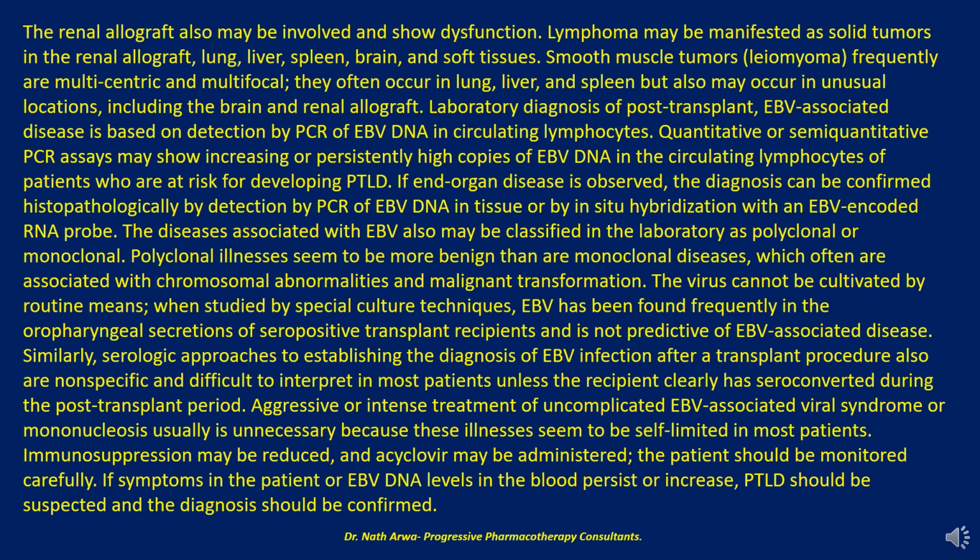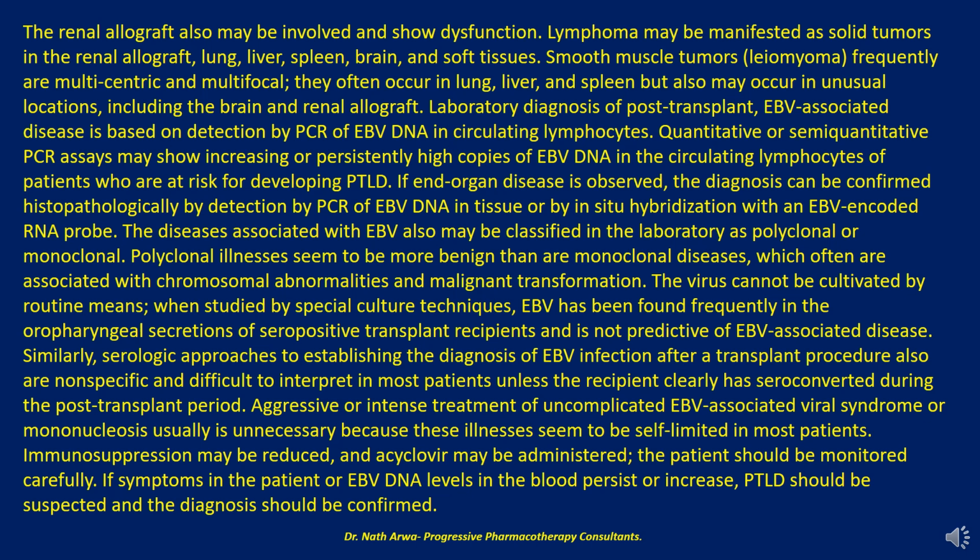When studied by special culture techniques, EBV has been found frequently in the oropharyngeal secretions of seropositive transplant recipients and is not predictive of EBV-associated disease. Similarly, serologic approaches to establishing the diagnosis of EBV infection after a transplant procedure also are nonspecific and difficult to interpret in most patients unless the recipient clearly has seroconverted during the post-transplant period.